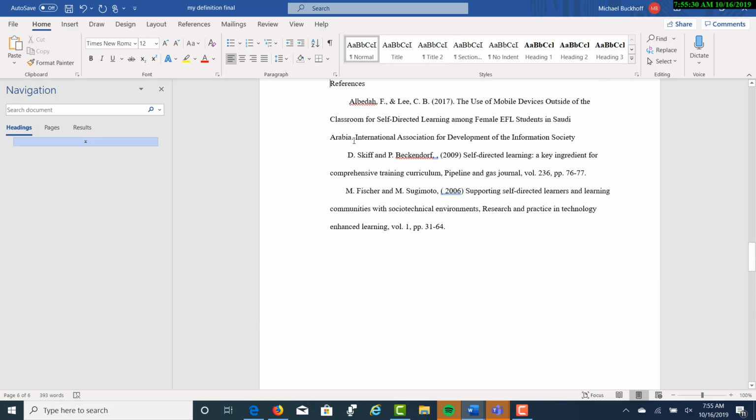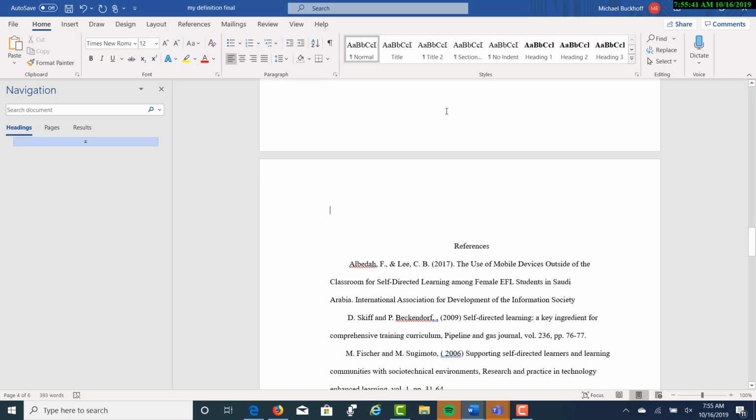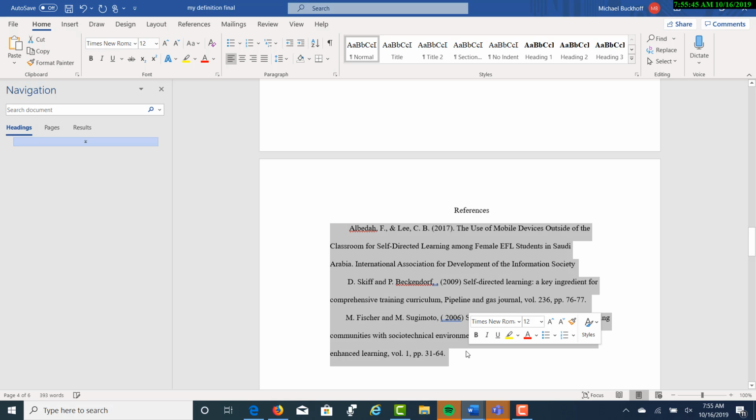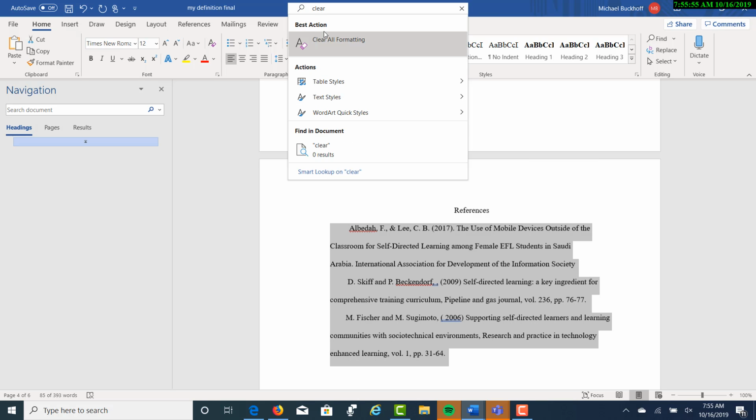Okay, now the next step is we want to make this look like an APA style research paper, right? So you have to center. And then we need to take this, see if I can clear formatting again.